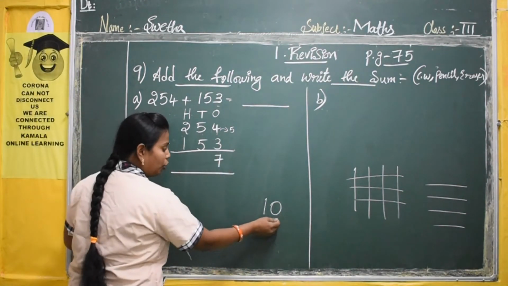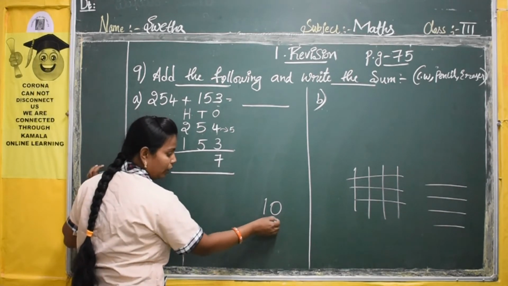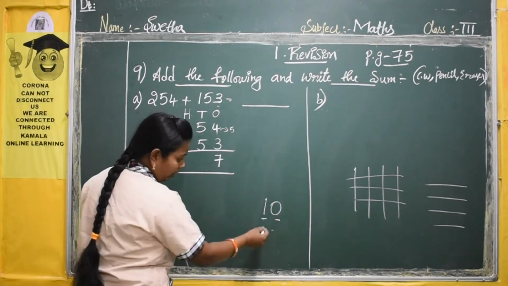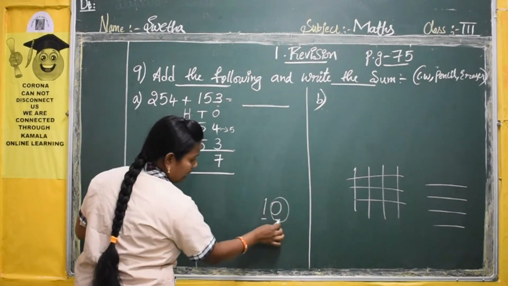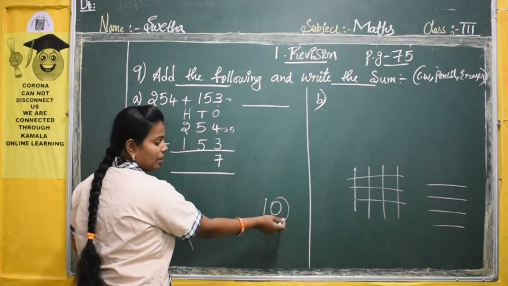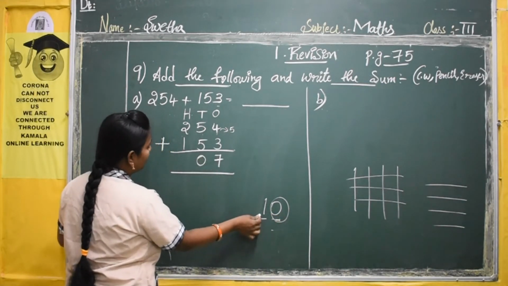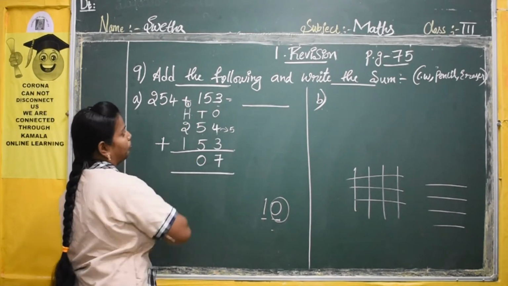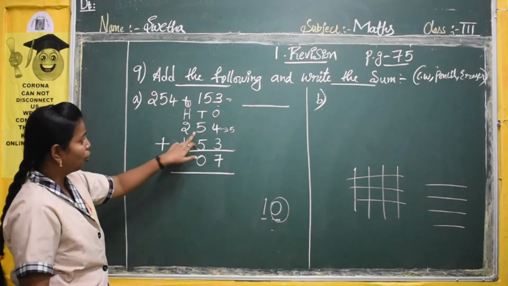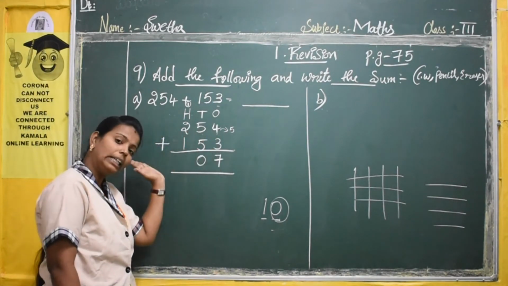Whenever you get 2 digits, 1 and 0, two numbers, the number in the ones place you will write down, and the number in the tens place you will carry on the top of the next number, not on the same number.